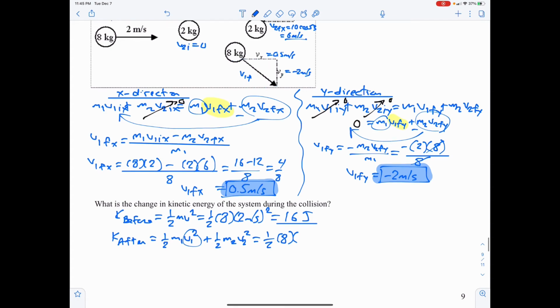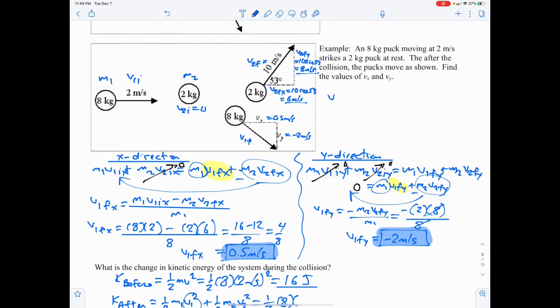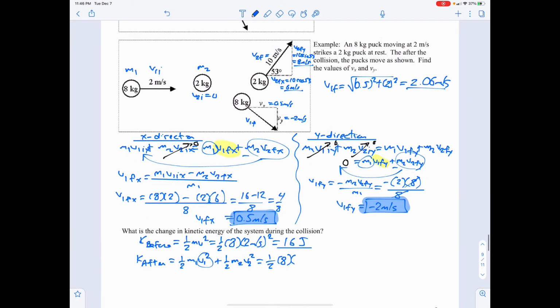So a little Pythagorean theorem up here at the top: V1 final, which is that speed right there, would be the square root of 0.5 squared plus 2 squared. So 2 squared is 4, 0.5 squared is 0.25, and 4.25, if you take the square root of that, it's about 2.06 meters per second. That is V1 final.